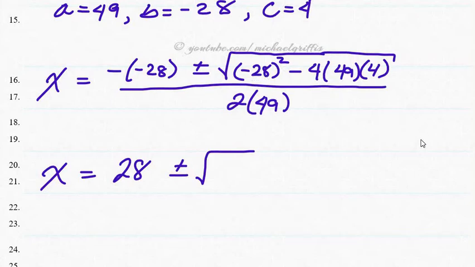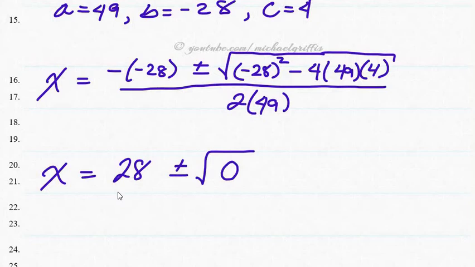So I'm just going to plug that into the calculator. I'll let you work that out by hand if you got time. I don't. Minus 4 times 49 times 4. And, whoa, we got 0.